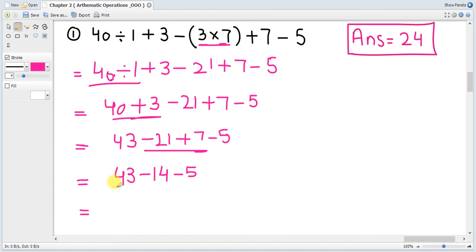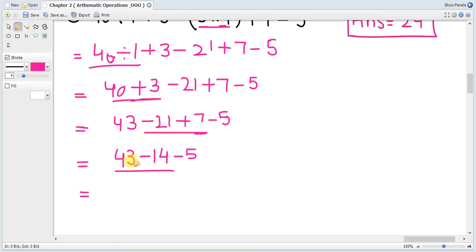Now we solve these two first, or you can solve all of them together at the same time, or separately if you want. So 43 take away 14 will give us 29. You borrow from here, this becomes 13. 13 take away 4 is 9, and the number left over here is 3. 3 minus 1 is 2.